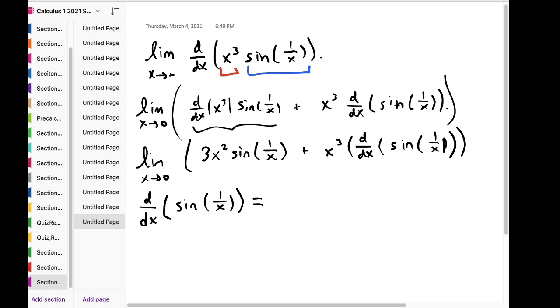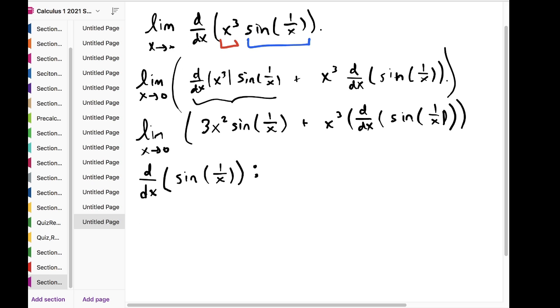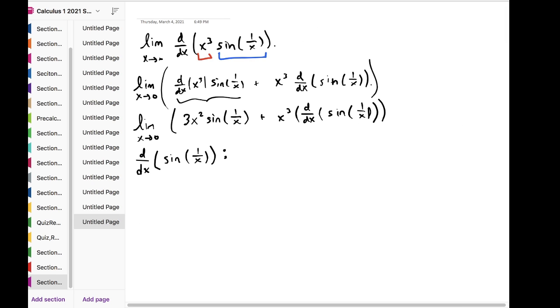How do you find the derivative of sine of 1 over x? Yes, this is a chain rule. So what is the f and what is the g? So what is the function you're plugging in, and which is the function you're plugging into?